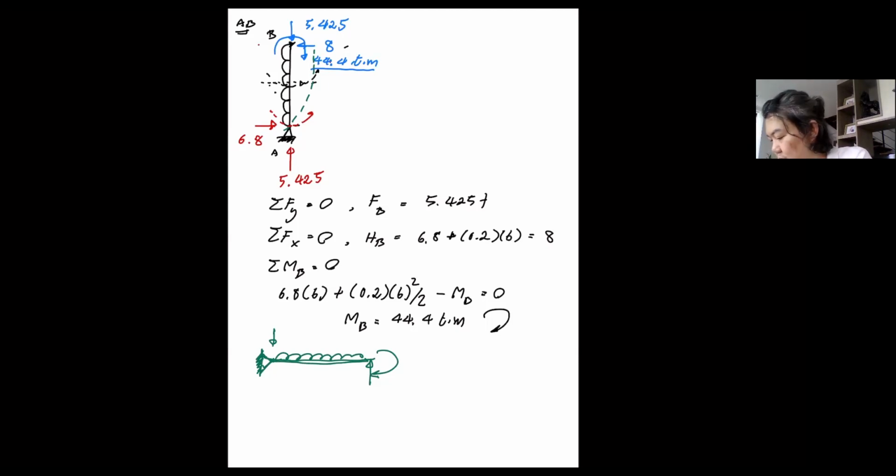It should be down here, right? Compression. Am I correct? Yes. So that means this is where you should draw your bending moment diagram. That's where the compression is.